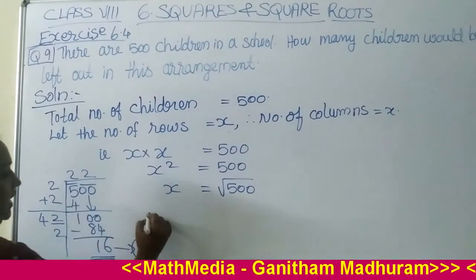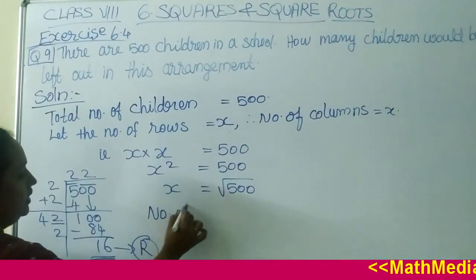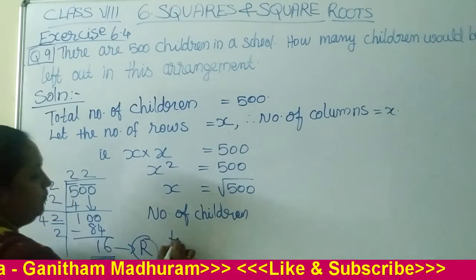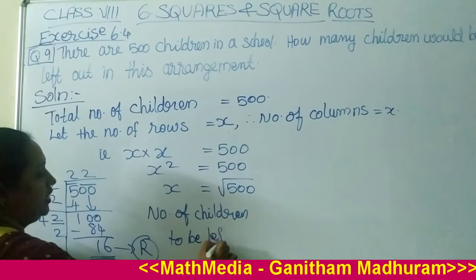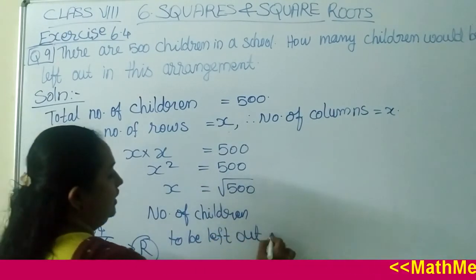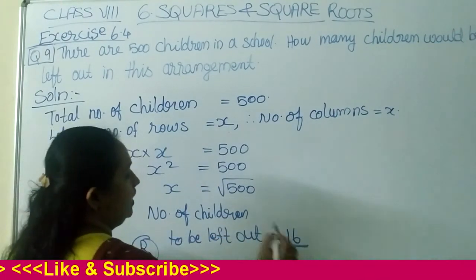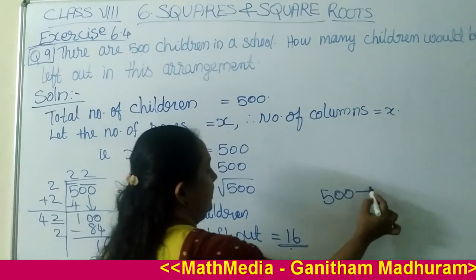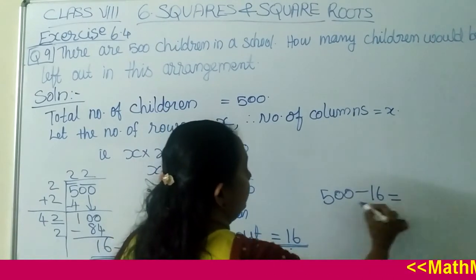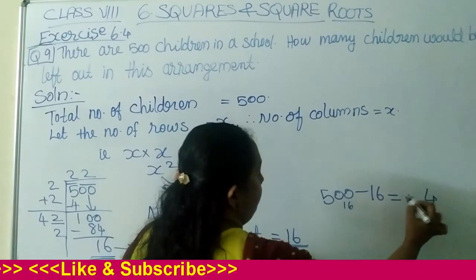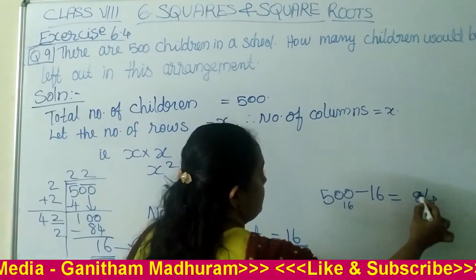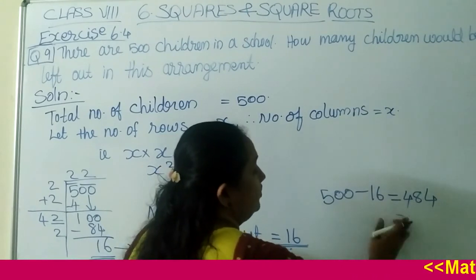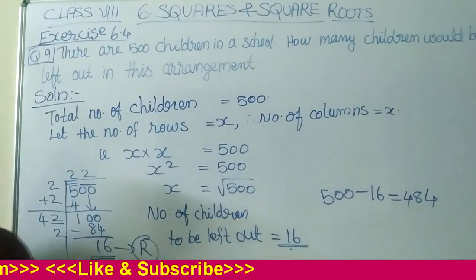So 500 minus 16 equals 484, which is the perfect square number, and its square root is 22.